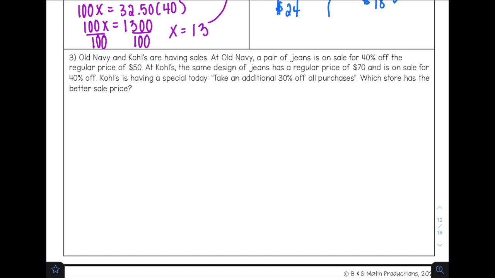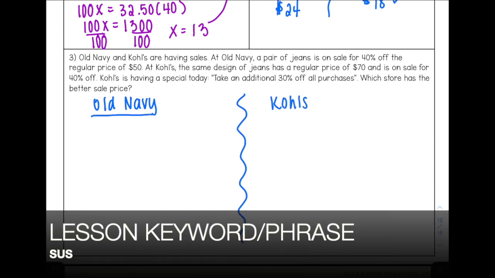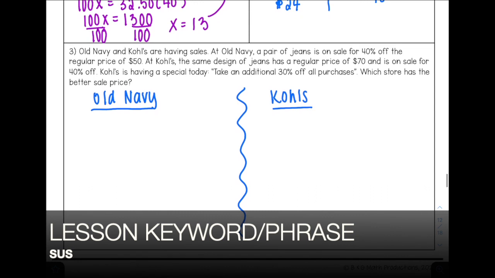Okay, so I'm going to split this up. I'm going to say Old Navy and Kohl's. Okay, so at Old Navy, we have an item that costs $50 and I'm taking 40% off. I'm going to do it the long way and then I'll do it the short way.